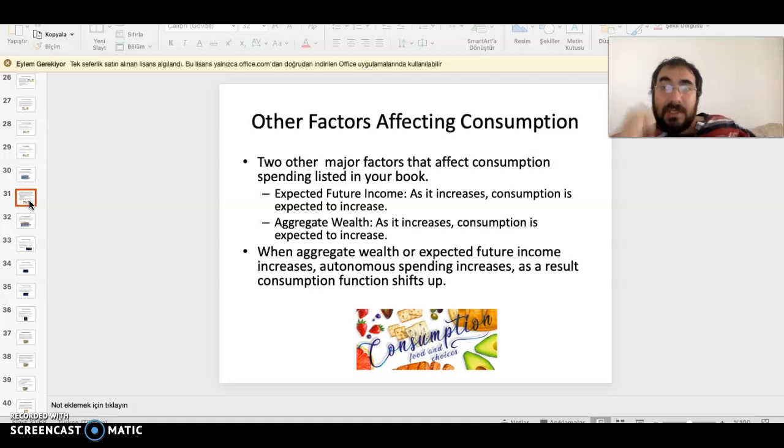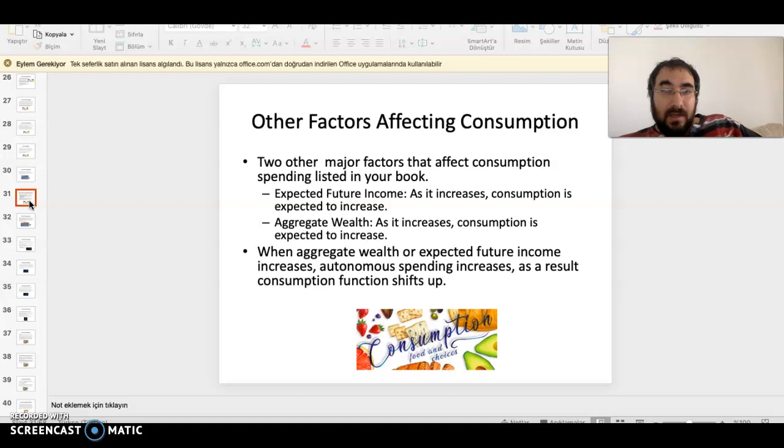Although in questions I can describe some factors and then say this factor is actually changing MPC. But if that's the case, then the graph will turn. But mostly in regular books, you assume that the consumption function shifts, and that shift is created by a shift in A.